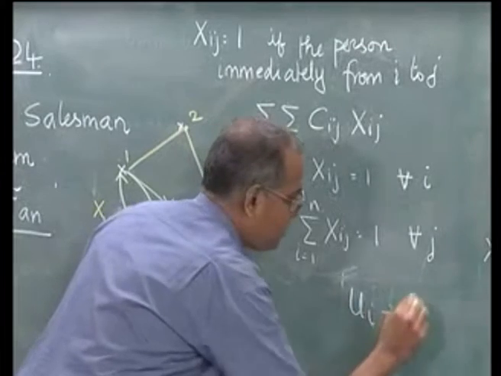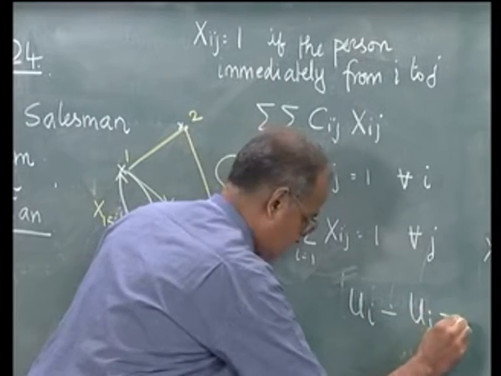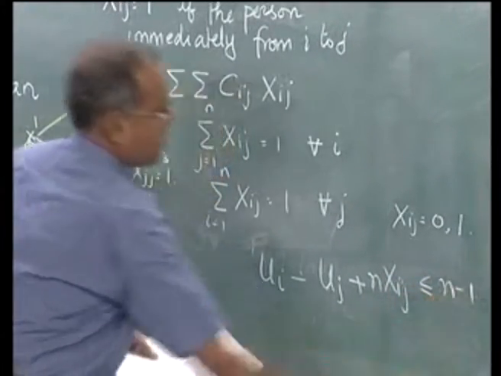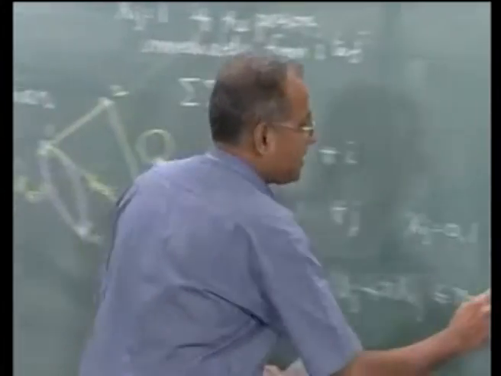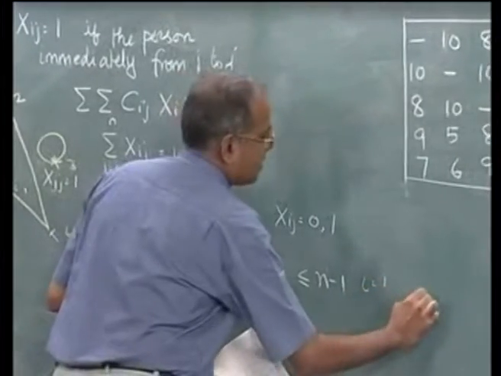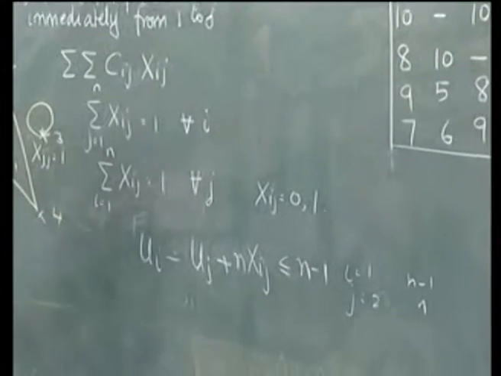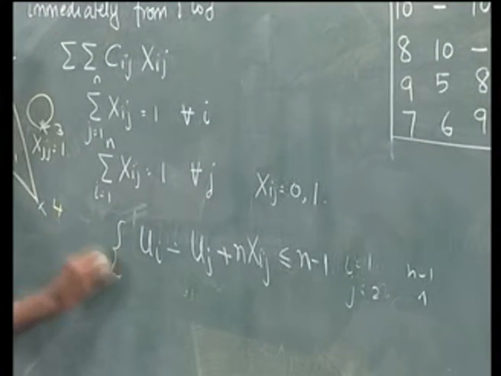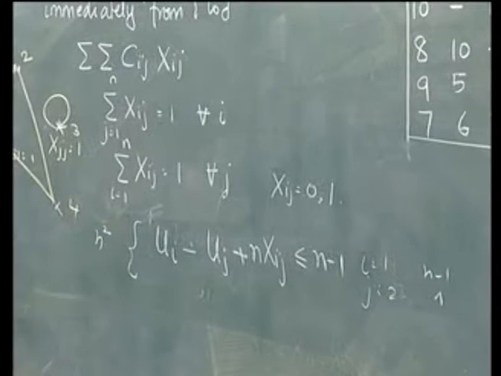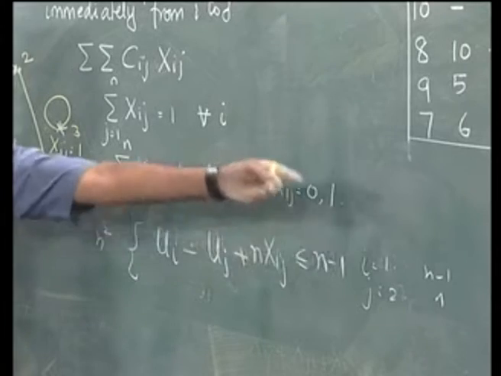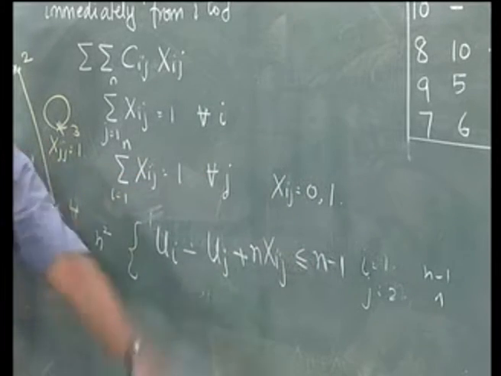We simply said ui minus uj plus n xij is less than or equal to n minus 1, for i equal to 1 to n minus 1 and for j equal to 2 to n. So, effectively this has about n square constraints, because i is equal to 1 to n minus 1, j is equal to 2 to n.